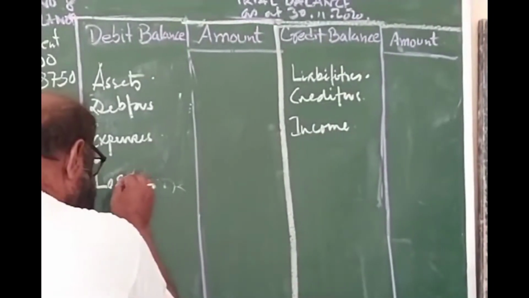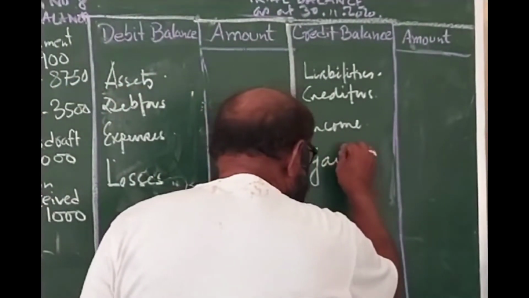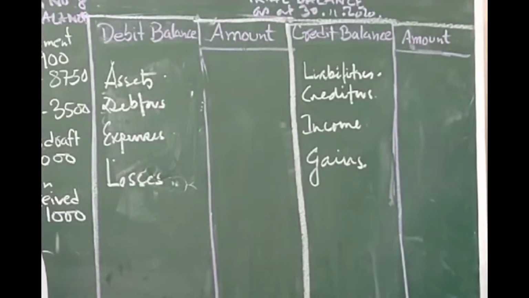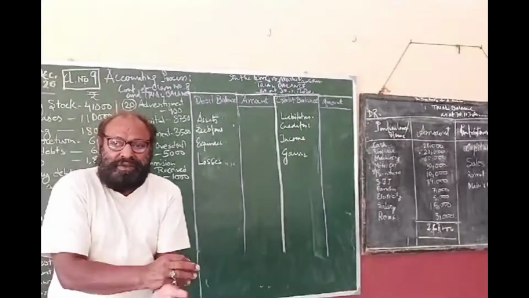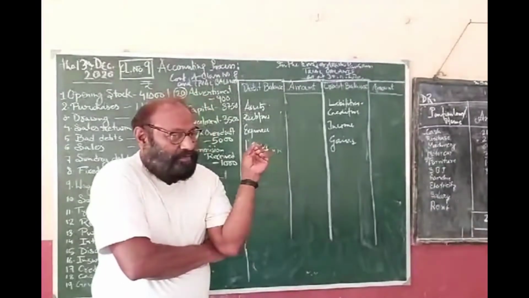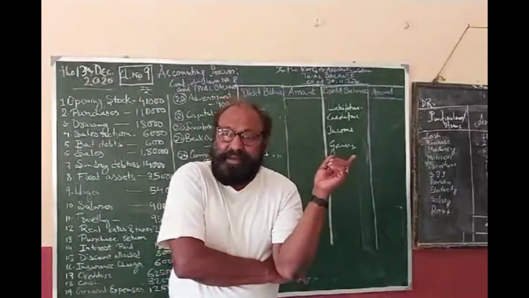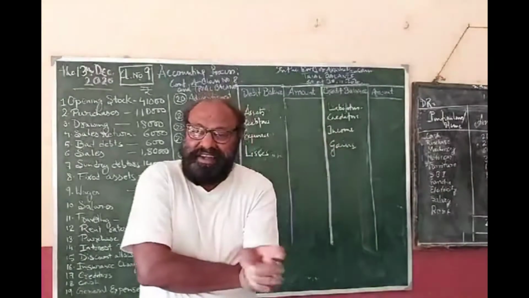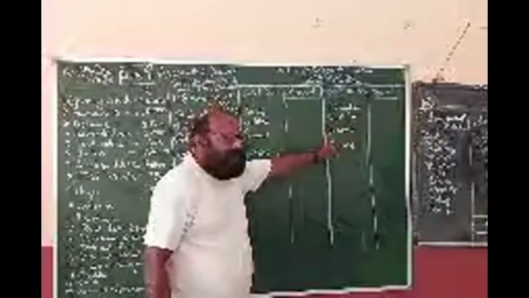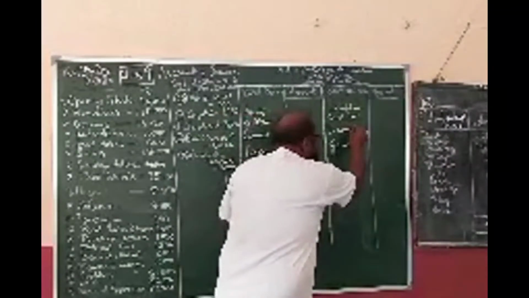Losses debit, gains credit. We follow this principle: all assets debit, all liabilities credit, all debtors debit, all creditors credit, all expenses debit, all incomes credit, all losses debit, all gains credit.